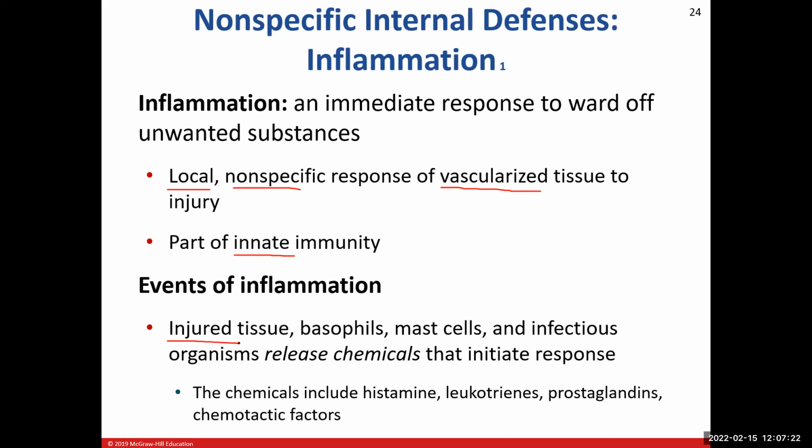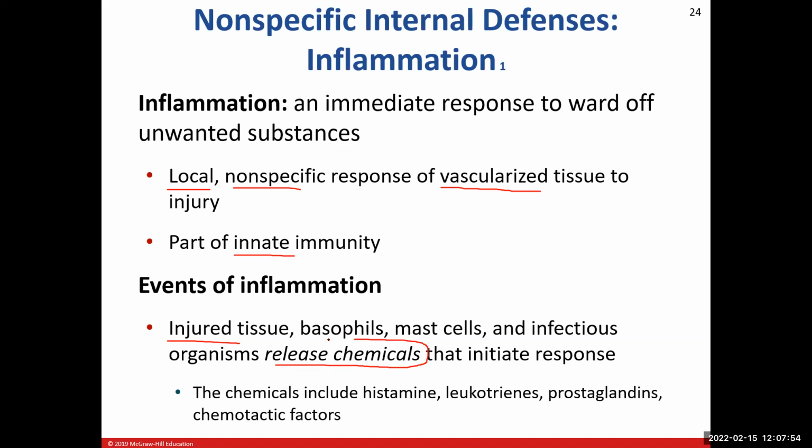You damage the tissue, the injured tissue, the basophils, which are going to be in the vascularized portion of that tissue, the mast cells, which are sitting outside of those blood vessels in that tissue, and any infectious organism, virus, a fungus, a bacteria that has infiltrated and gotten into your tissue, all of those are going to release chemicals.